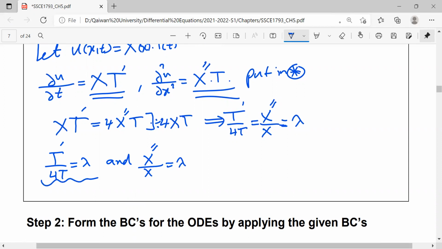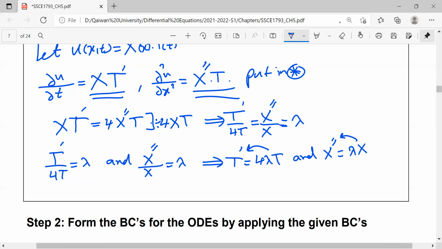From this one, we can say that t prime equals 4 lambda t. We multiply both sides by 4t, and we get t prime equals 4 lambda t, and x double prime equals lambda x. Okay, and we move these two to the left hand side of the equations.